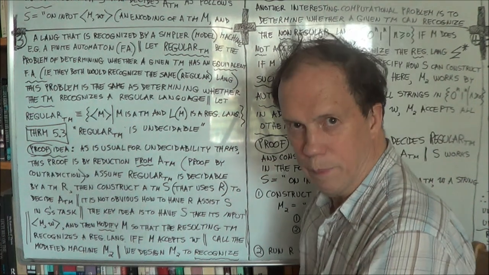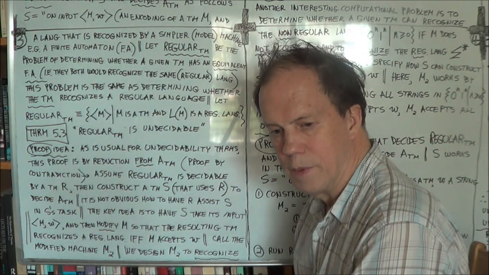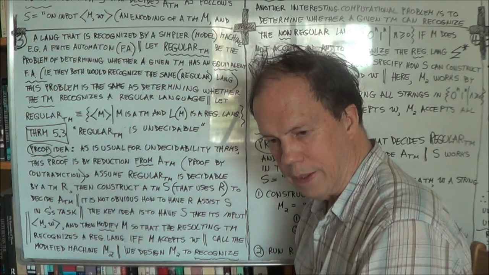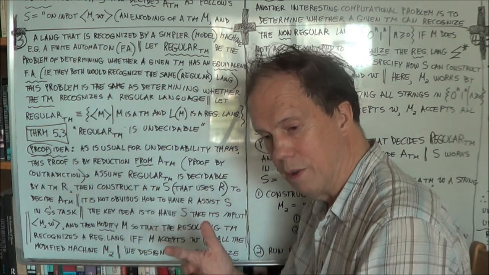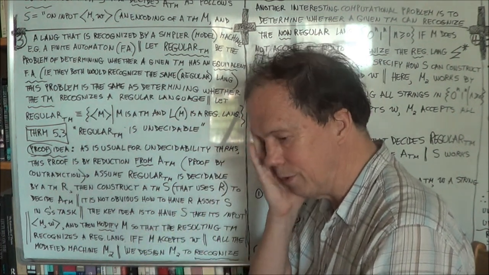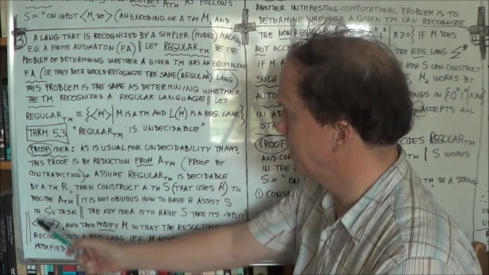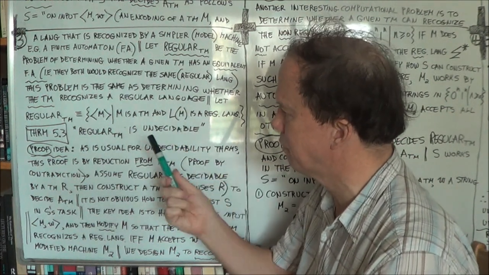Okay, so that's the problem. Given a random Turing machine, will it have an equivalent finite automaton? Now translate that into a language problem instead of a computational problem.